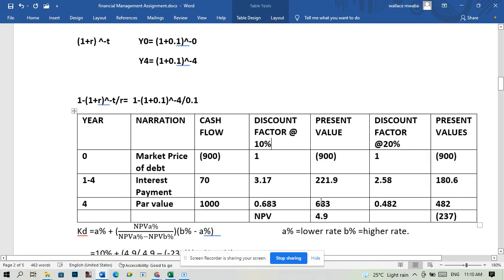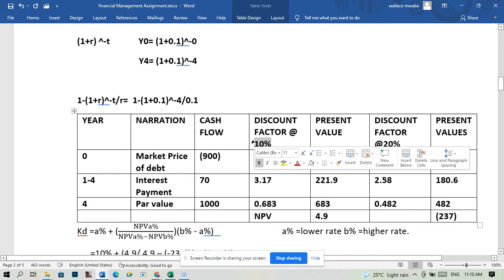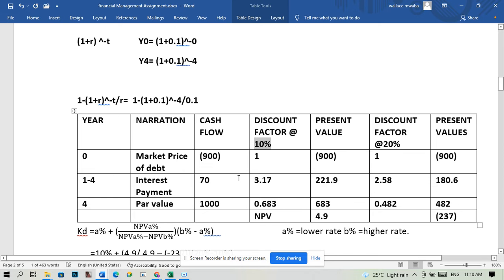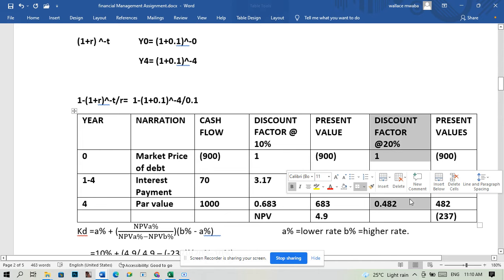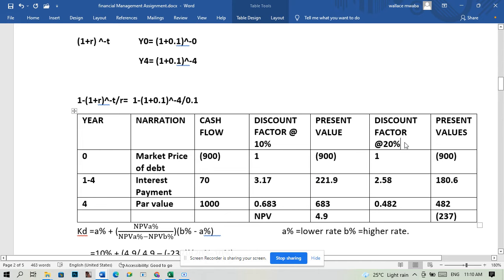If your net present value was negative, we'll divide the discount factor by 2. So now you can see we have a new discount factor here, at 20%.